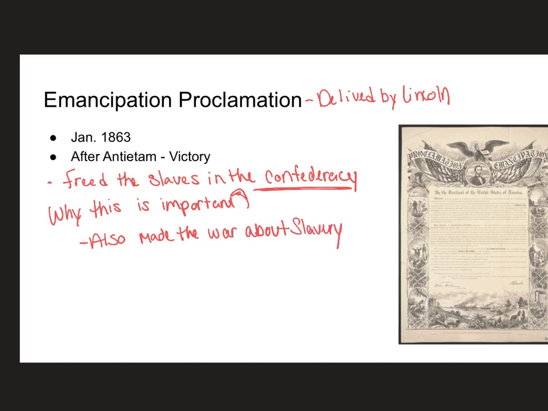This was important so that Great Britain did not intervene. They didn't want Great Britain to intervene.